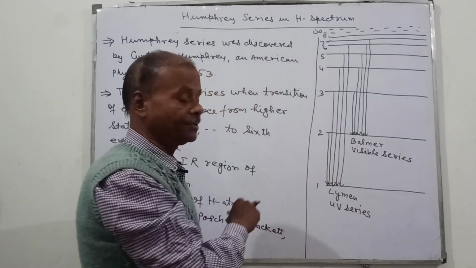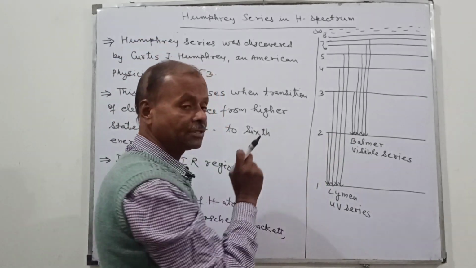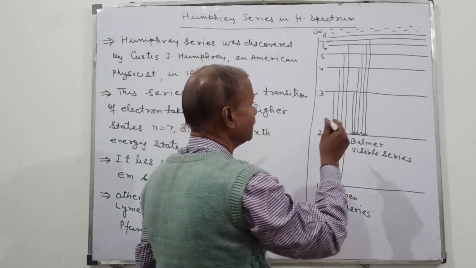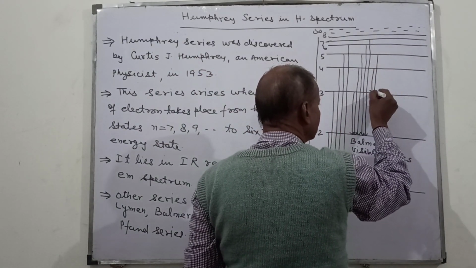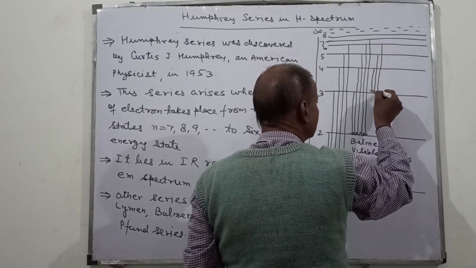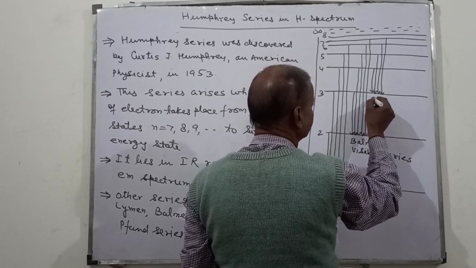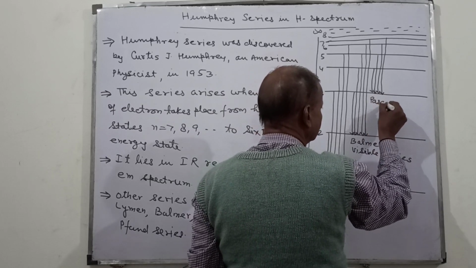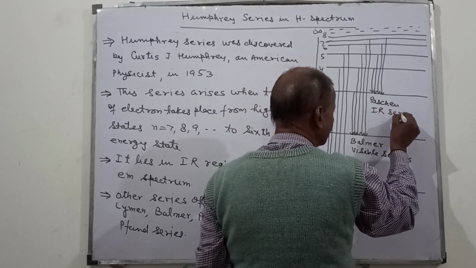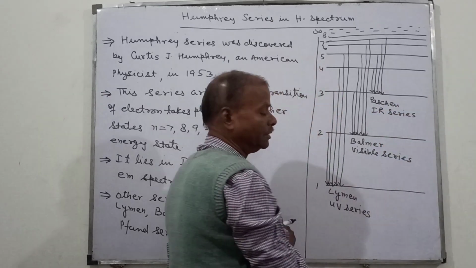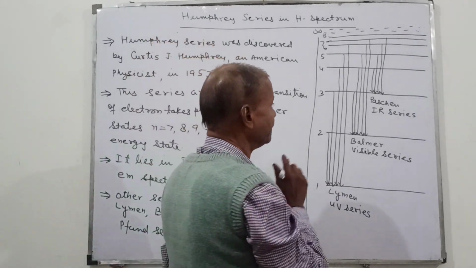Because this series lies in the visible spectrum, we can see this series. The other series are not visible to us. Then this is the Paschen IR series, infrared region. This series is also not visible.